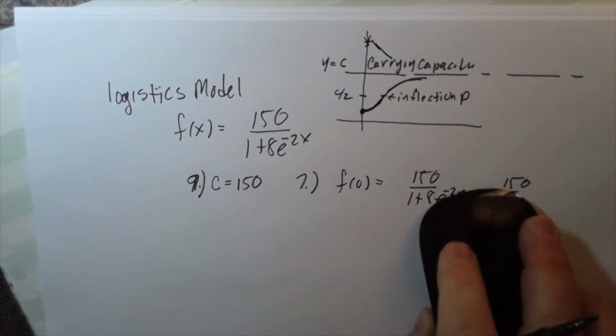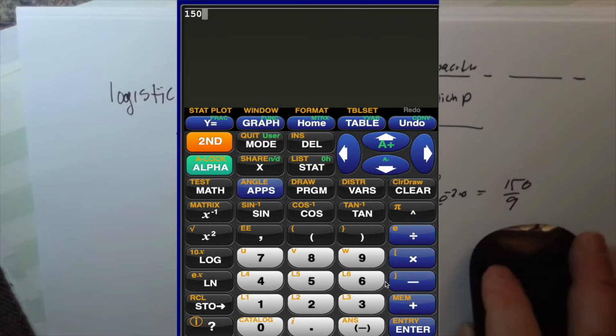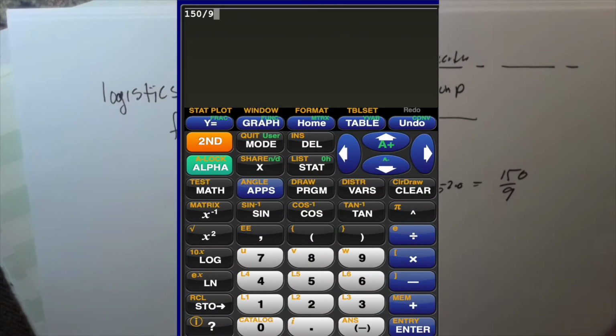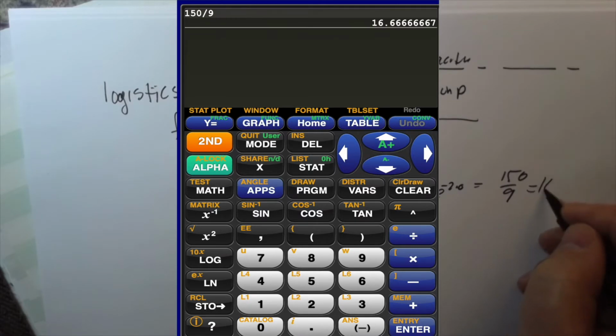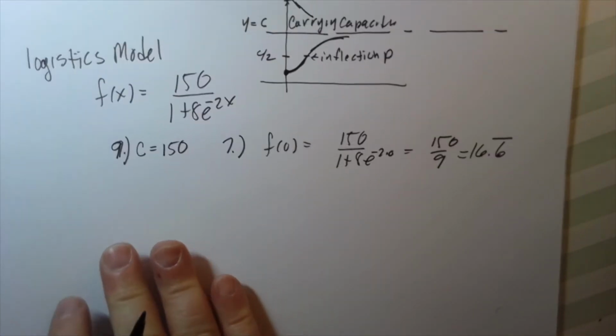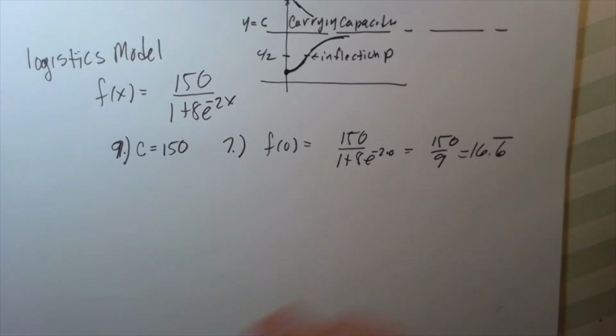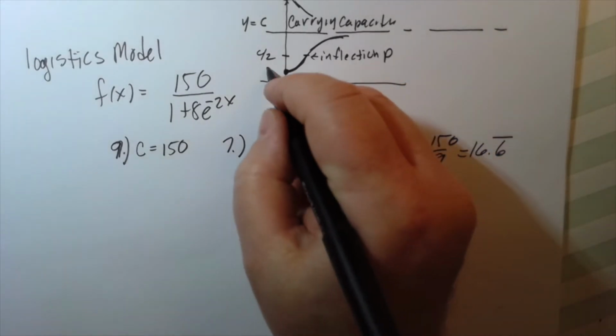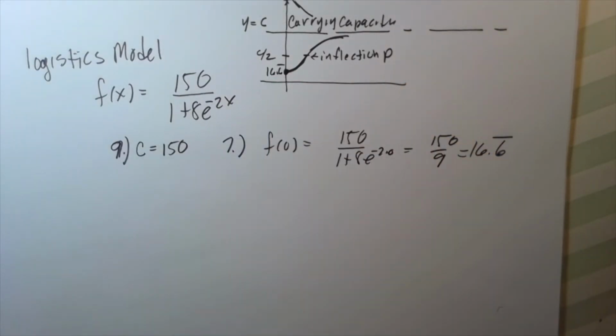If I plug this into my calculator, I get 16.6 repeating. Whatever this population is that we're concerning ourselves with, this would be the starting place, 16 2/3.